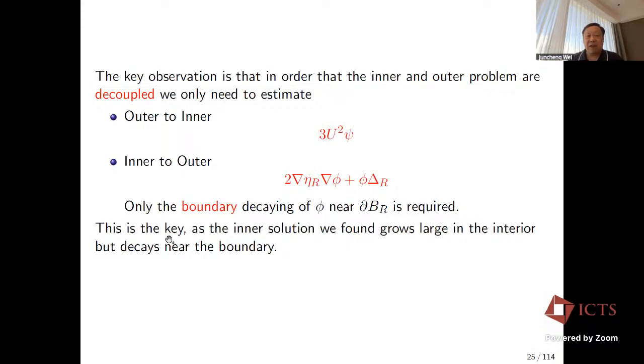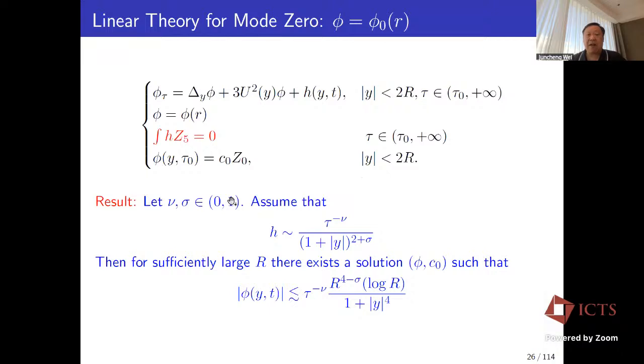So this is the key: the inner solution we find grows large in the interior, but only decays near the boundary. Okay, so this is the linear theory that we are going to present.